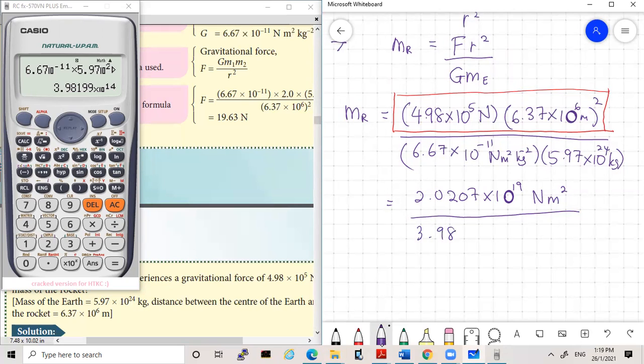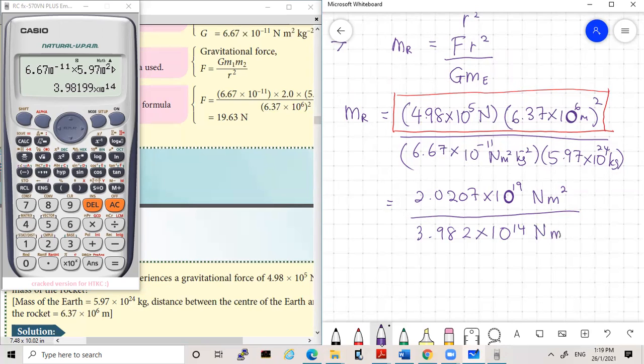It is 3.982 times 10 to the power of 14, and the unit is, if you want to write the unit, it's okay if you don't want to, but for me I prefer to write the unit so I can see.